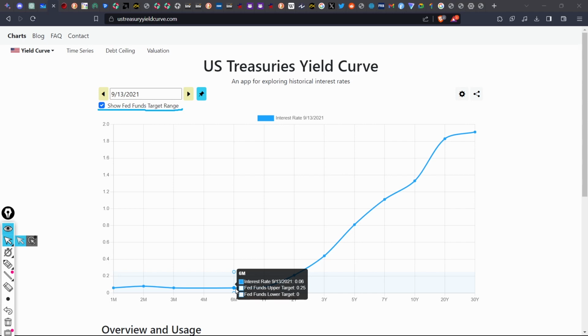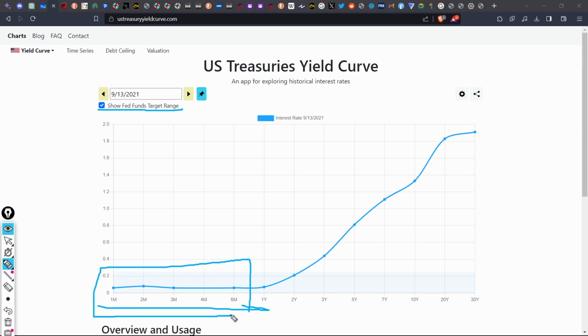So when these short-term rates are low, the economy is being stimulated. These short-term rates are the ones used to control monetary policy. So when they are low, the economy is doing good. Things are going great for the most part, usually.